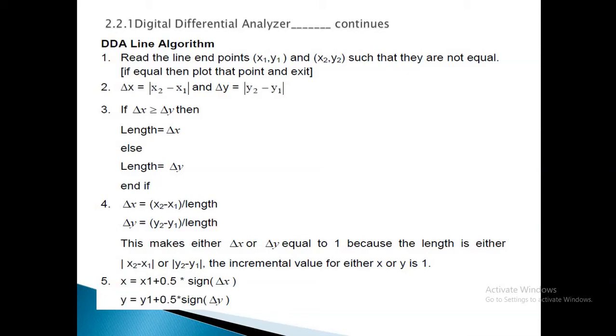Then check if delta x is greater than delta y, then length, that is steps, is equal to delta x, else length, that is steps, is equal to delta y. The next step is delta x is equal to x2 minus x1 upon steps, and delta y is equal to y2 minus y1 upon steps.